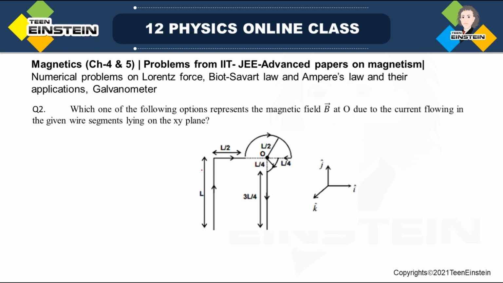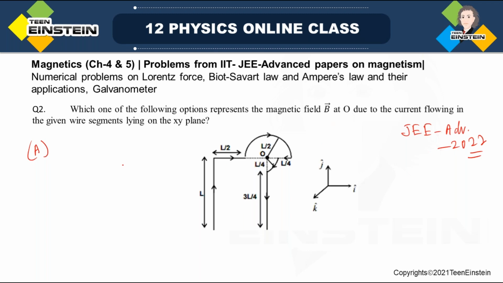I'll write down the options. Okay, so look, this is the geometry. I'll just make you understand while solving. Let me first give you the options. Actually, this is from JEE Advanced 2022, last year's question.